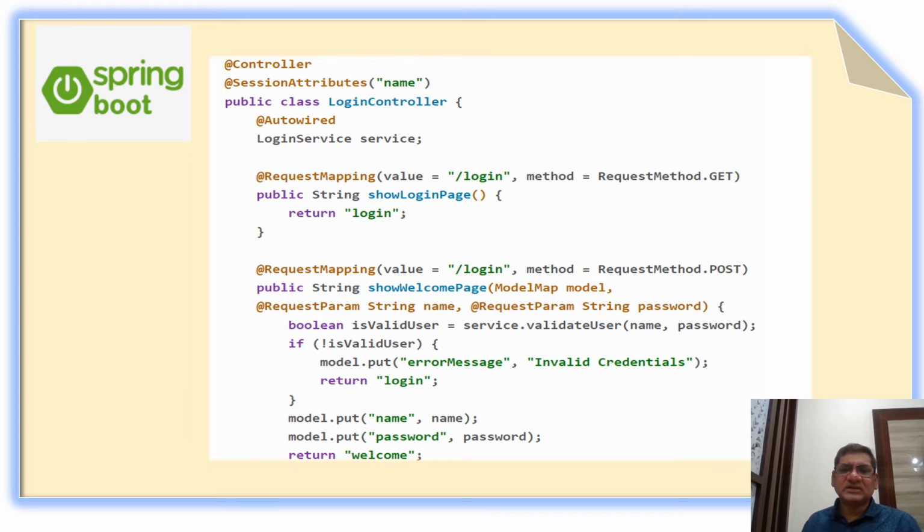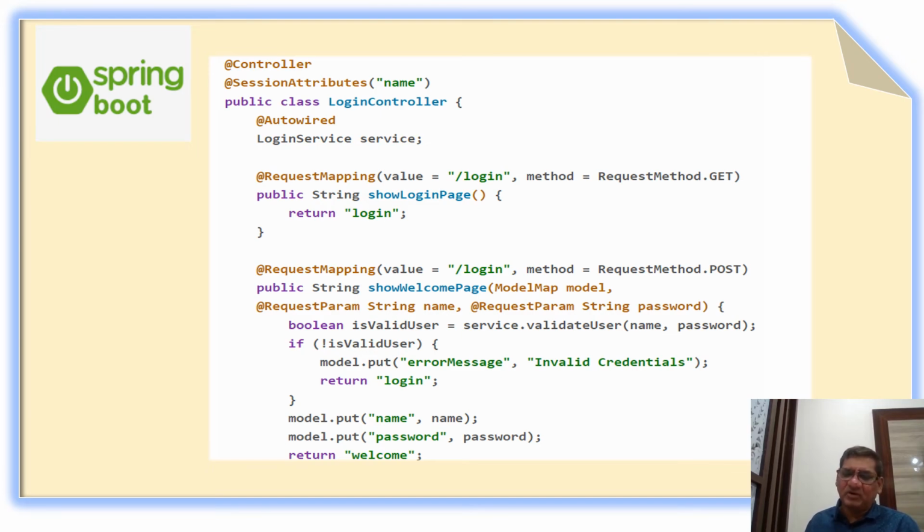On the screen we can see the controller class. If you want to write any controller class, we need to annotate it with Controller. Suppose we have post and get mappings.